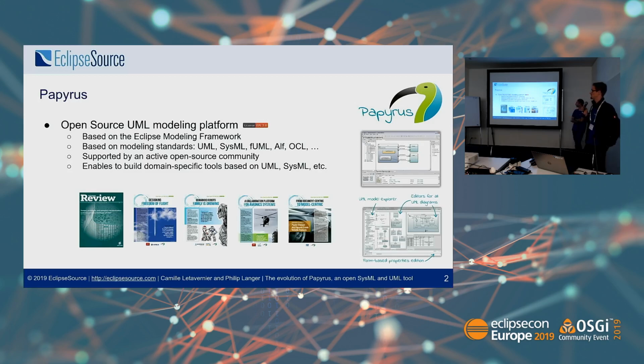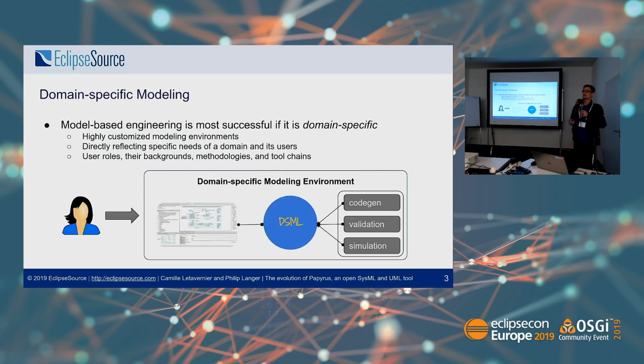One of the aspects about Papyrus that is very important for us is that it enables you to build domain-specific tools based on UML. So you're not just getting an off-the-shelf UML editor, but you can streamline it for your needs. This is important because, from our experience in recent years building modeling tools with our partners and introducing them in their development workflows and organizations, we observed that model-based engineering seems to be most successful when you build a modeling environment that is as domain-specific as possible.